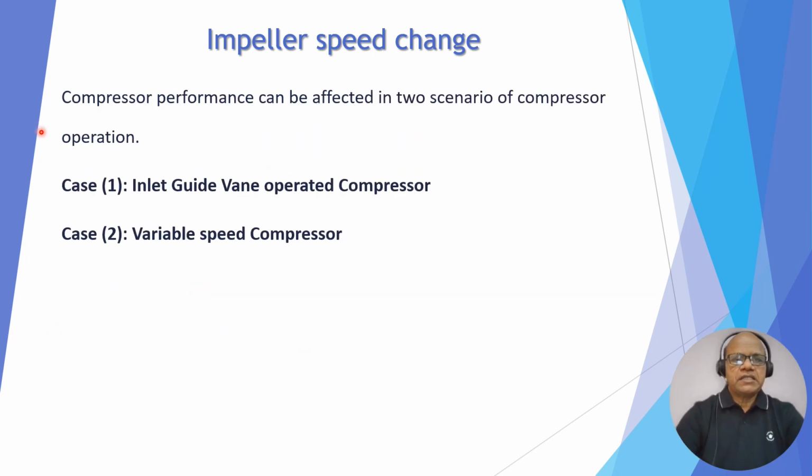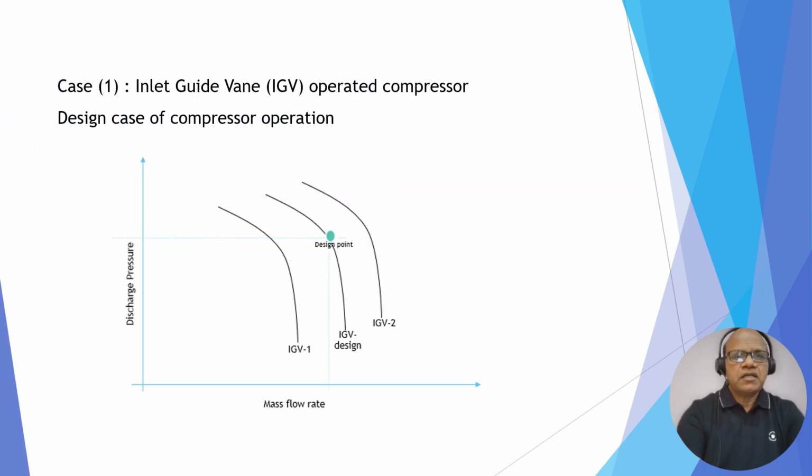Now let us discuss the performance of compressor in two scenarios: when compressor is operated with inlet guide vane control, and second case when it is a variable speed compressor. This is the case of inlet guide vane operated compressor, and this is a design case.